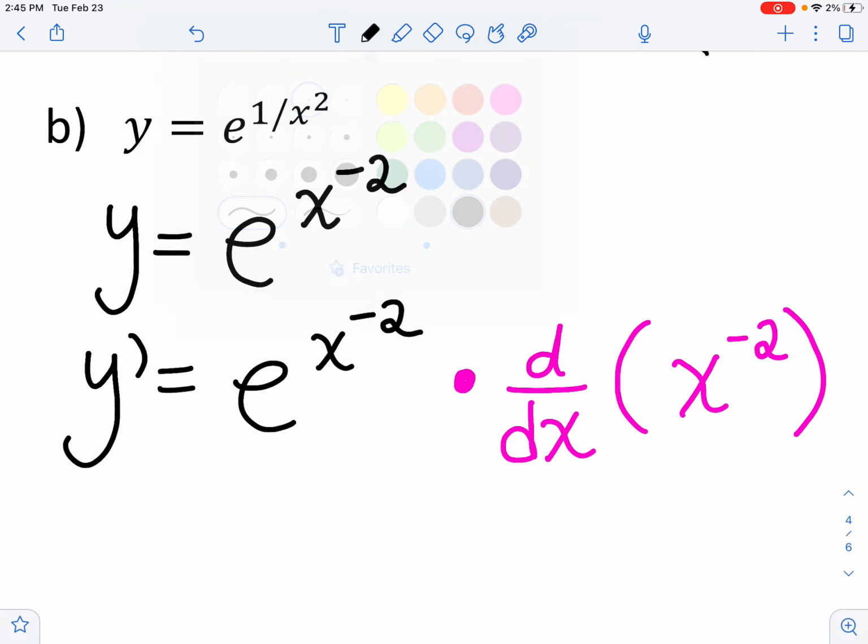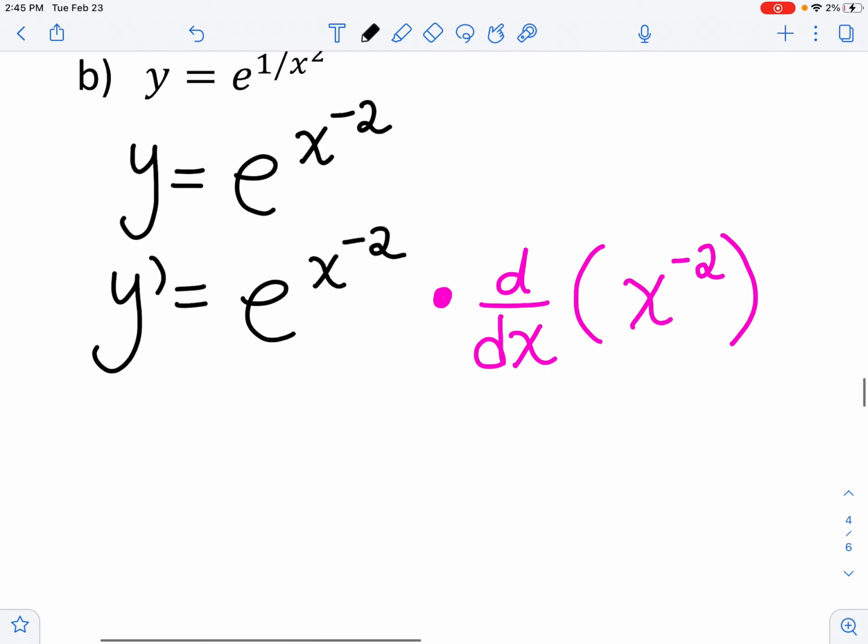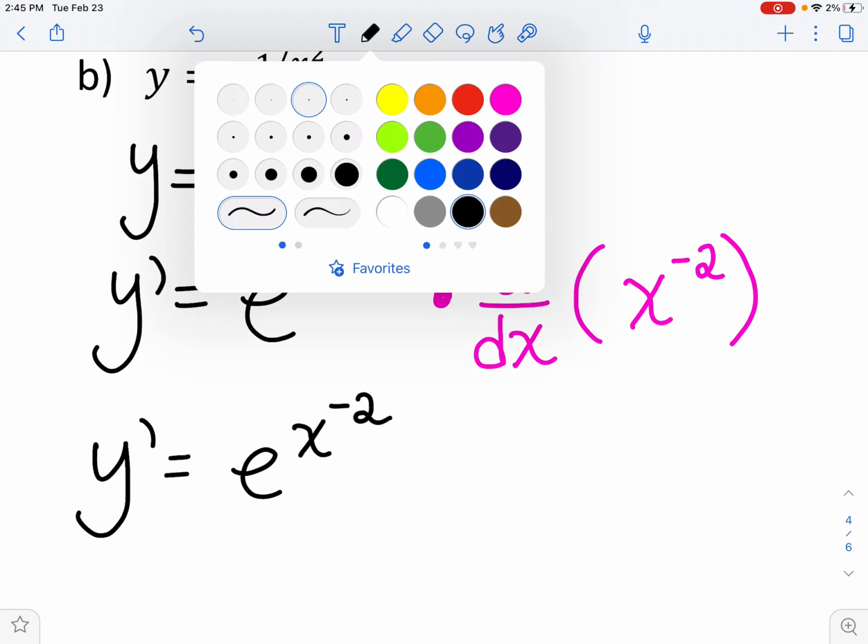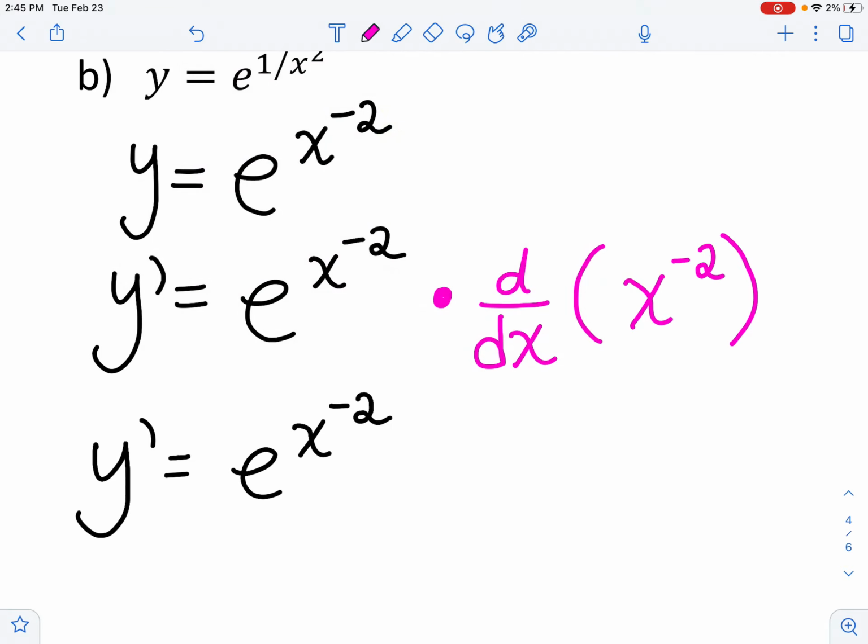Let me zoom out a little bit, you guys. Y prime is e to the x raised to the negative second power. And the pink part, if I find the derivative of x to the negative second power, that is going to be negative 2x to the negative third power.